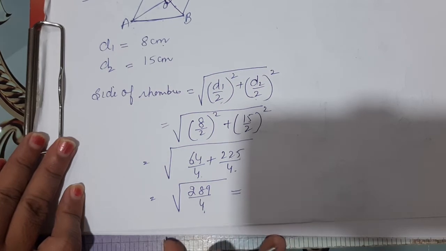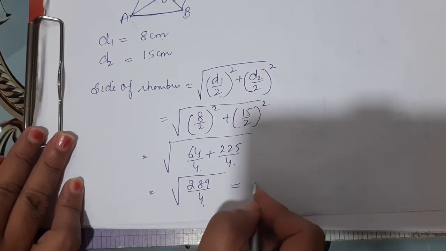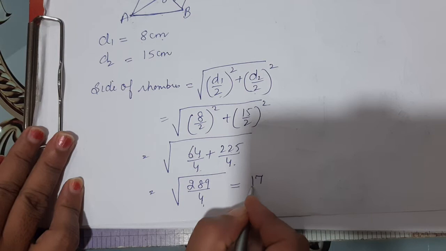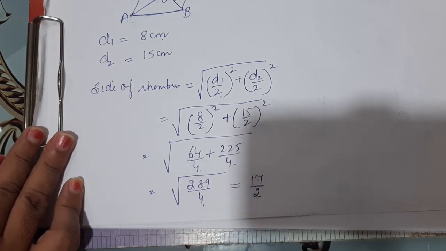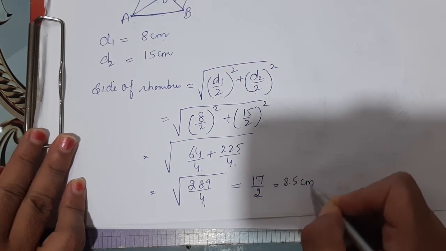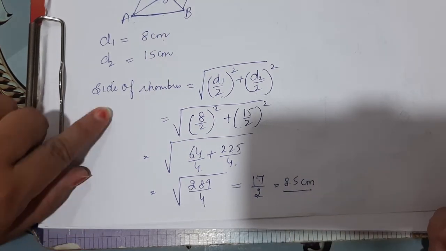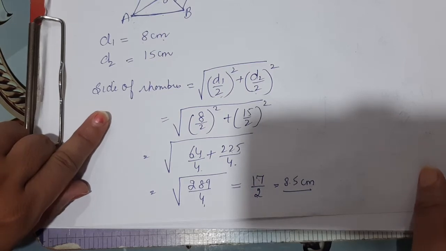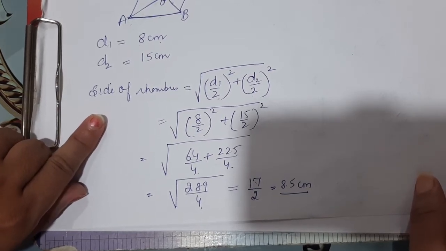And 289, as you have done in the chapter square roots, is the square of 17, and 4 is the square of 2. So 17 by 2, which can be written as 8.5 centimeter. Therefore, the length of the side of the rhombus is equal to 8.5 centimeter.